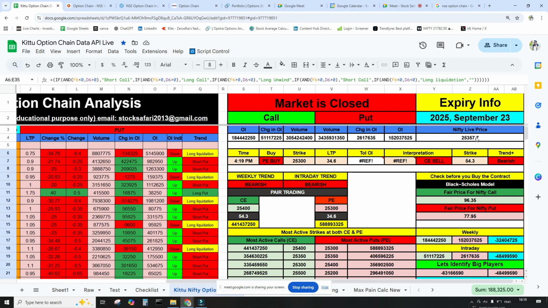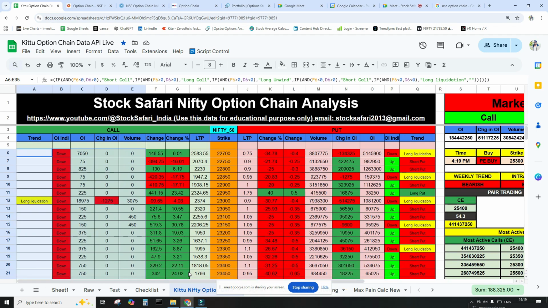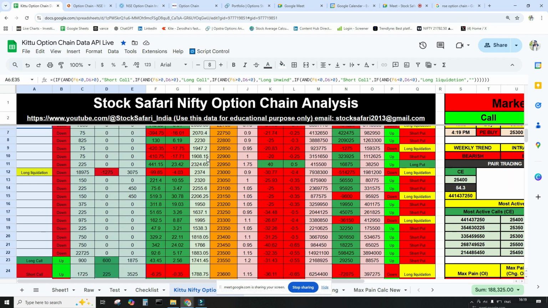You can directly refer to this cell. This data refreshes every 30 seconds, and maybe in future we will try to make it 10 seconds, but due to some load on the API we are unable to do it. As of now, 30 seconds is very good data. You can directly refer to this sheet.